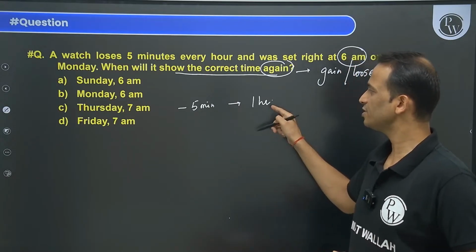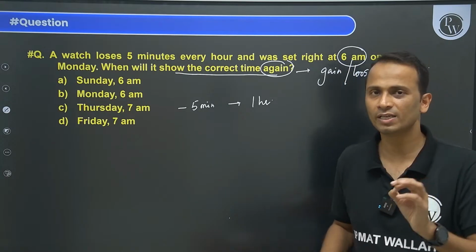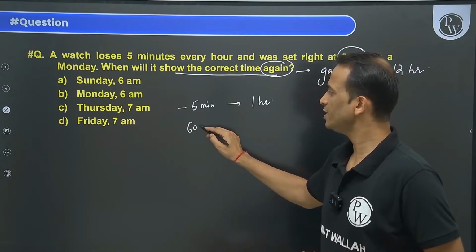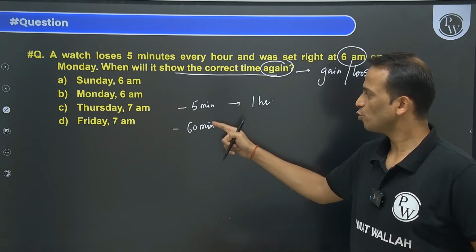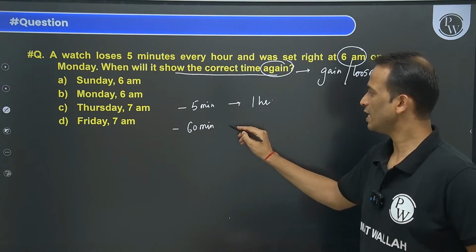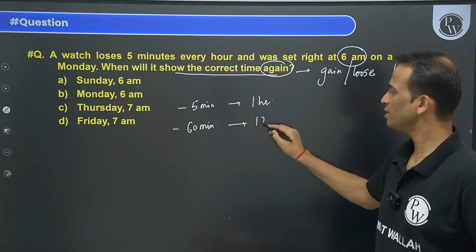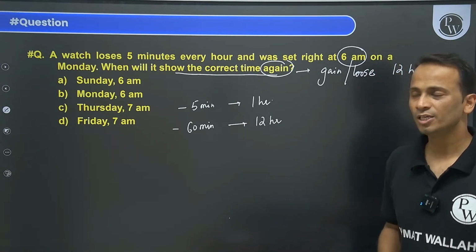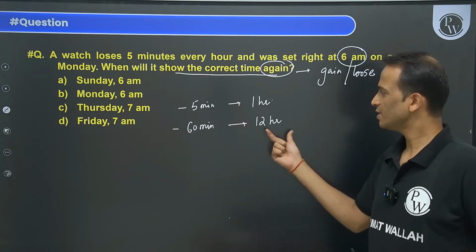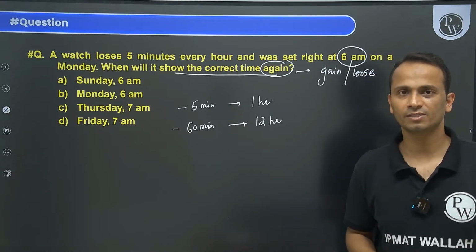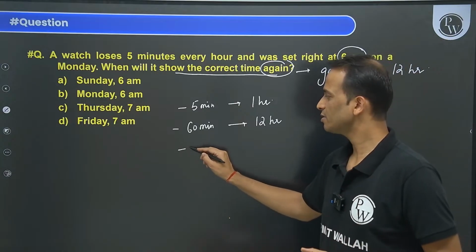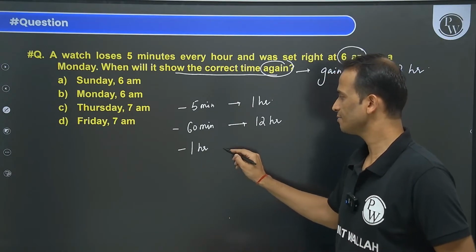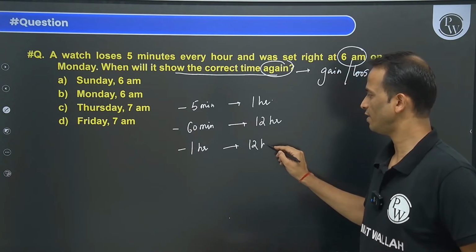Find 5 minutes it loses in 1 hour. तो 60 minutes lose करने के लिए मैंने क्या किया, 5 को 12 से मल्टीप्लाई कर दिया, तो यहां पे भी राइट साइड में भी 12 से मल्टीप्लाई कर देते हैं, राइट? सो इट विल लूज 60 minutes in a total of 12 hours, right? 60 minutes का मतलब क्या है, 1 hour. So that means it will lose 1 hour in a total of 12 hours.